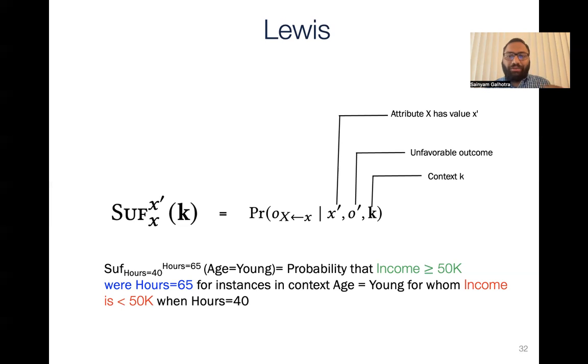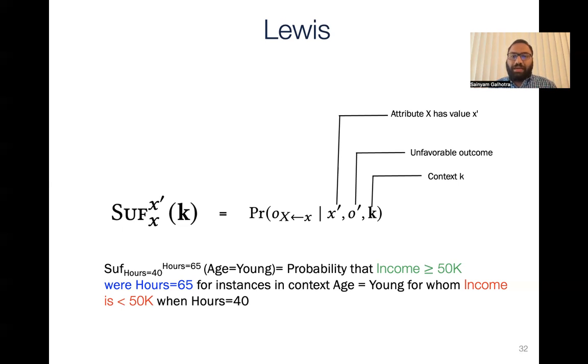Now, adding K to this definition, K refers to the context in which we want to calculate the score. More formally, it denotes a parameter to calculate the score for any subpopulation. If K fixes all attribute values, then the score corresponds to that of an individual who has those attributes. For example, in the case of Rosa, we need to choose K equal to all the attributes she has.